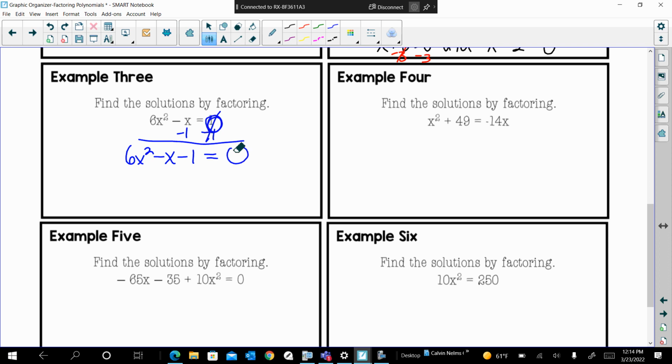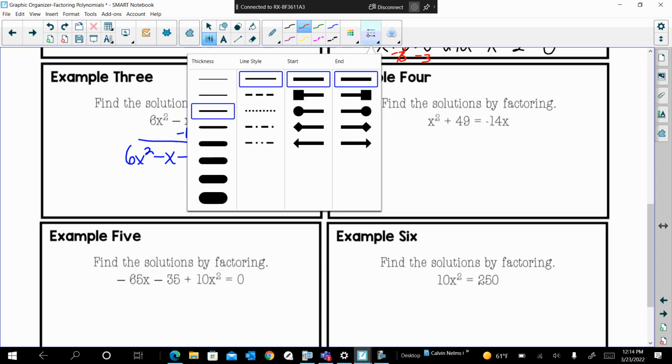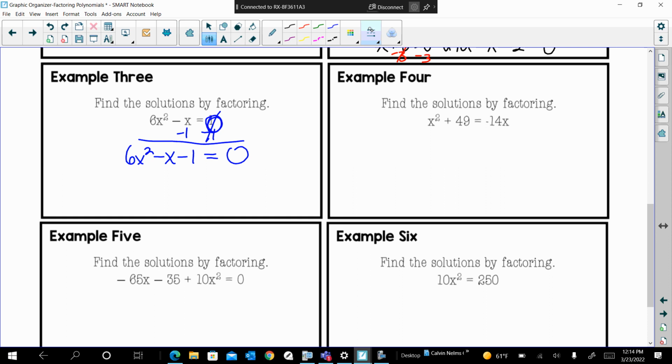All right, so now that I have it in standard form and it's equal to 0, I can pick a method, which should be slip and slide, okay? So in my x, I should have a -6 and a -1. 6 times the -1 gives me the -6 on top, and the -1 is the negative middle term.